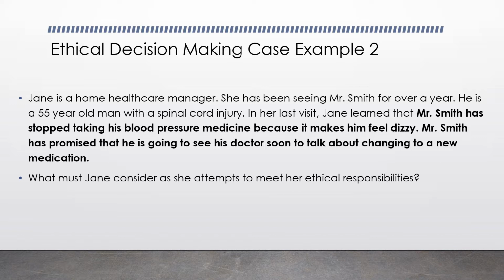choose what he does. And it's going to depend a lot on how Mr. Smith presents, what Jane really thinks is going to be the best approach to helping Mr. Smith. So again, ethical decisions often aren't easy. They're often context dependent.